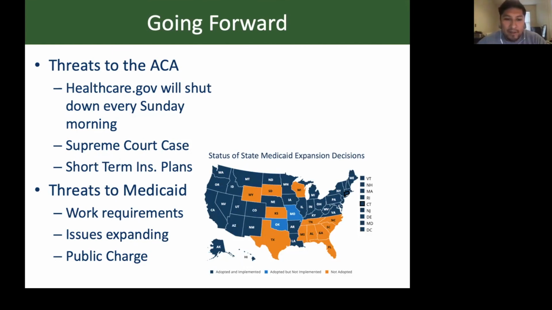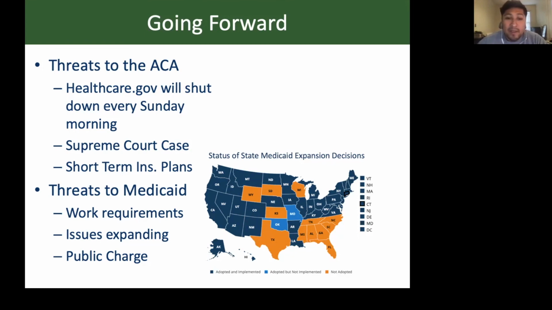Again, we definitely encourage you to take a close look at what these plans are offering. They do not include the 10 essential benefits. You can pick and choose what services you want to be covered.